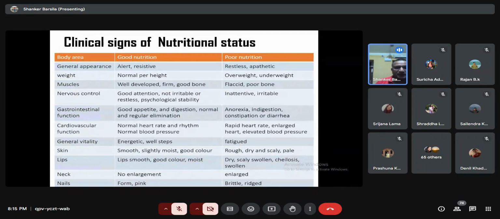Let us say for lips, if they are smooth, good color, moist, or if they are dry, scaly, swollen, or with cheilosis. For the neck, if there is no enlargement, good, or if the neck is enlarged, maybe it is a sign of a thyroid problem. And the nail, if it is pink and firm, it is good. When it is brittle and ridged, this is the poor nutrition status. I don't explain it much because I am giving you the presentation for your final examination preparation.